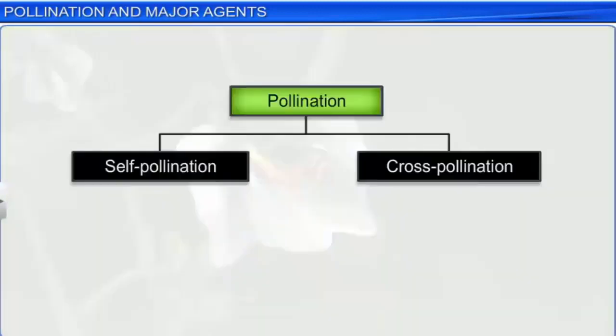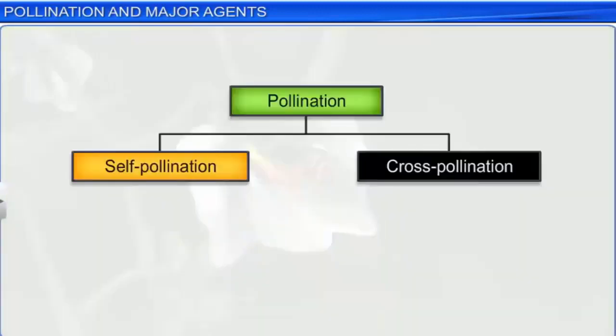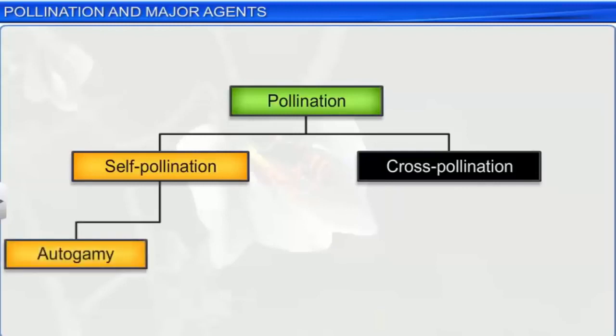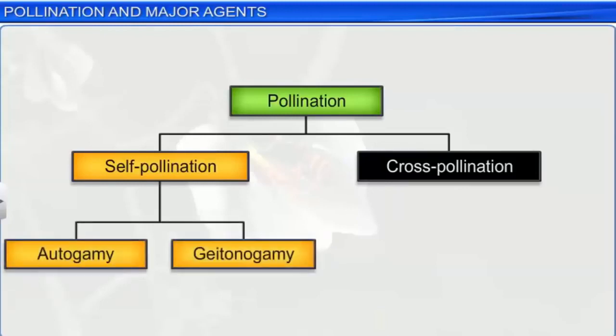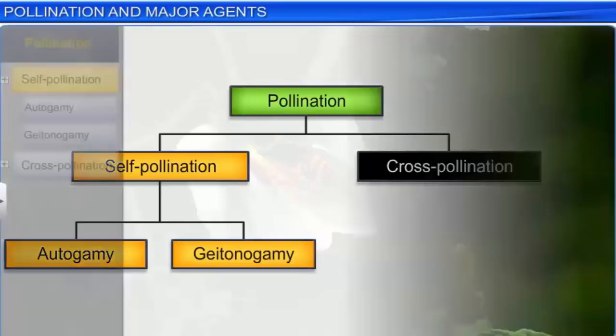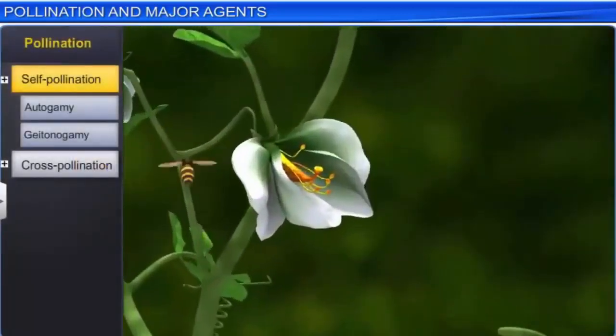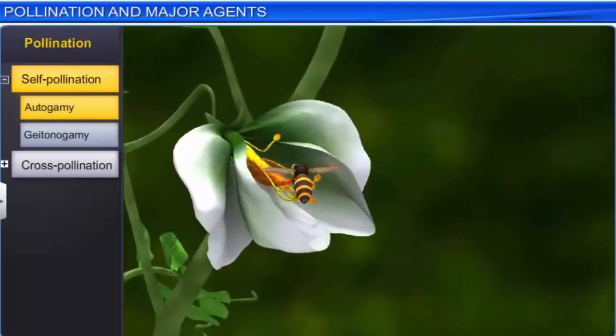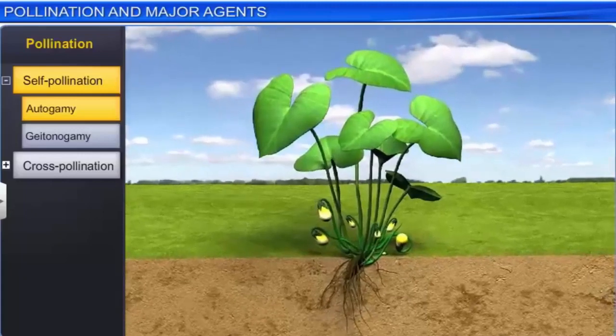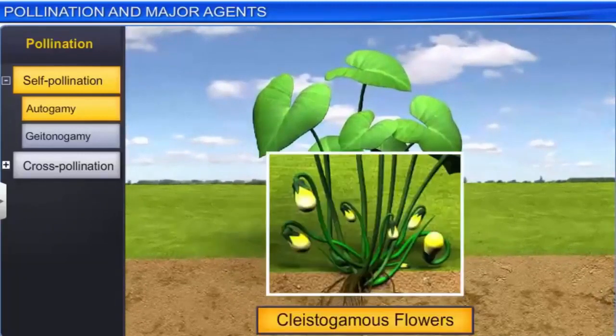In plants, self-pollination can occur either through autogamy or geitonogamy. In autogamy, pollen is transferred from the anther to the stigma of the same flower, and is seen in cleistogamous flowers or flowers which do not open at all.